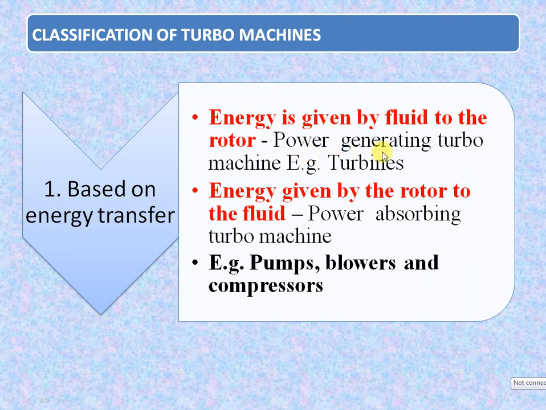So a power generating turbo machine is an example of a turbine. When energy is given by the rotor to the fluid, it is a power absorbing turbo machine, and examples are pump, blower and compressor. So based on energy transfer, energy given by fluid to the rotor and energy given by rotor to fluid are the two subtypes.